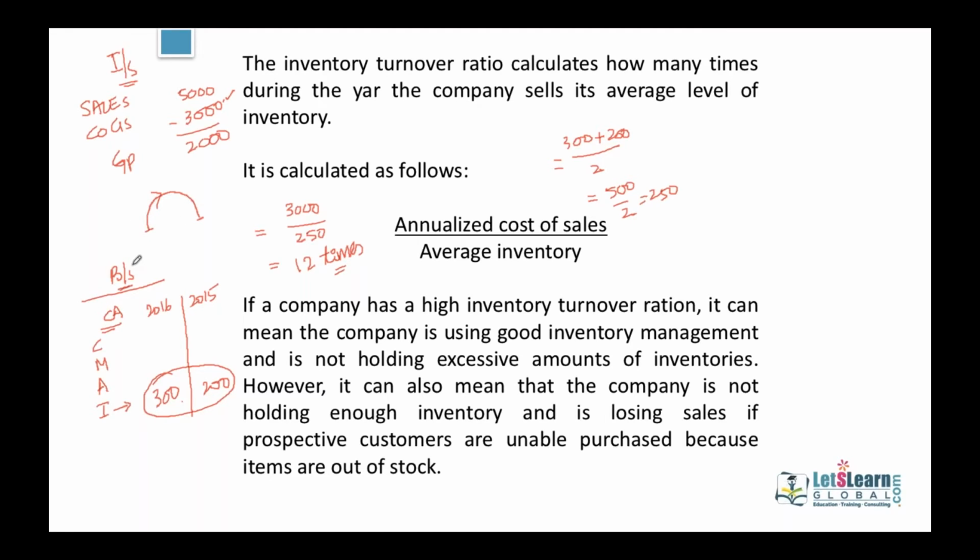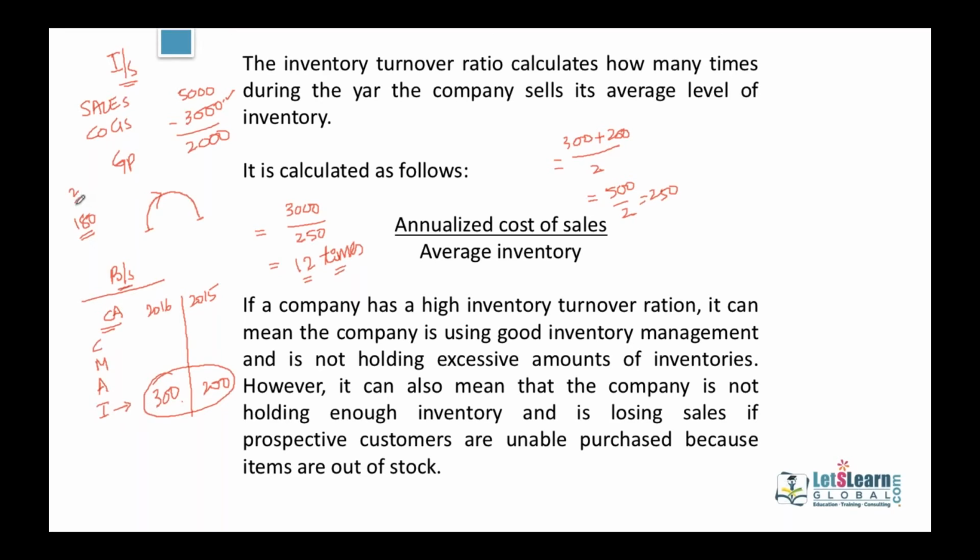It depends upon the nature of the industry. Say, for example, in a retail industry like food items, 12 times in a year won't happen. In food items we'll have to make around 180 times a year. Why?